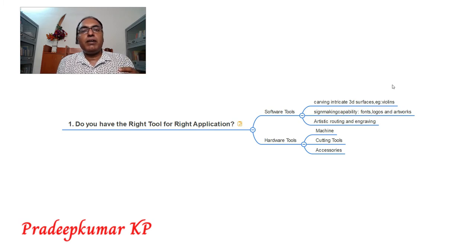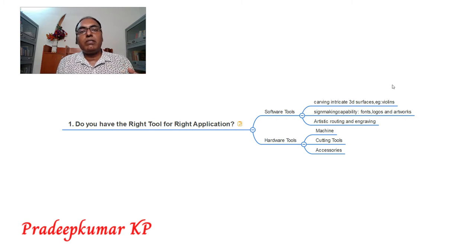For sign making, you may require software which has a lot of capability for making fonts, logos and artworks. And for wood carving, you may require something for artistic routing and engraving applications. So different software has different capabilities. They perform in specialized areas.